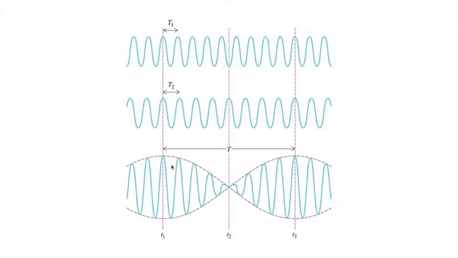And so in this area where they were in phase, you get a large amplitude. And then here where they're out of phase, you get that zero amplitude. So you get this sort of oscillating wah, wah, wah effect. But anyway, this is the idea of the beat that we hear when two frequencies are close to each other, but not exactly the same.